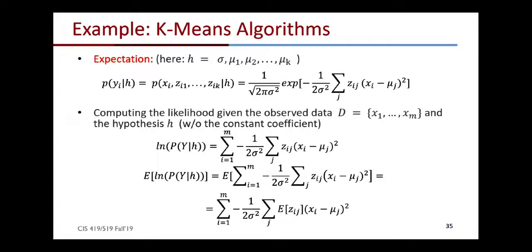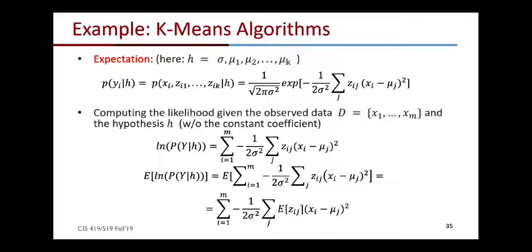I can go back to write the likelihood of the data. I'm reminding you that I have my hypothesis, my current parameters, in h. The probability of the label, given my current parameters, is the same as the probability of xi given its corresponding zi's.